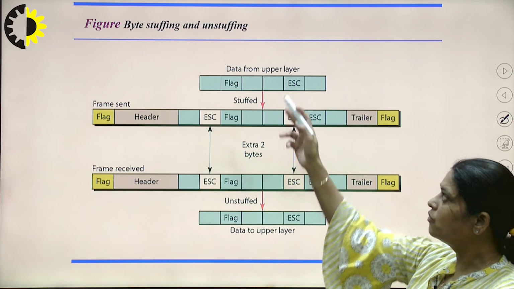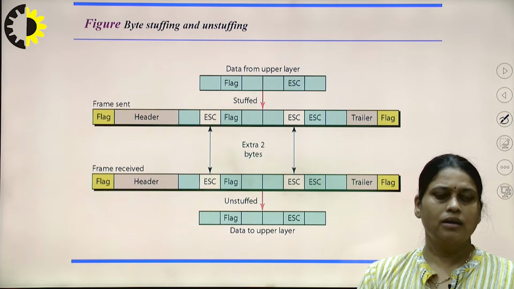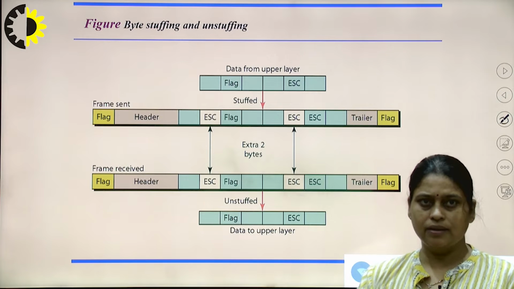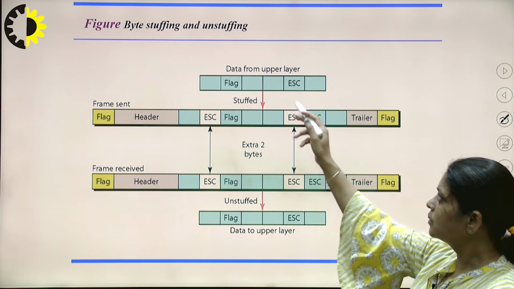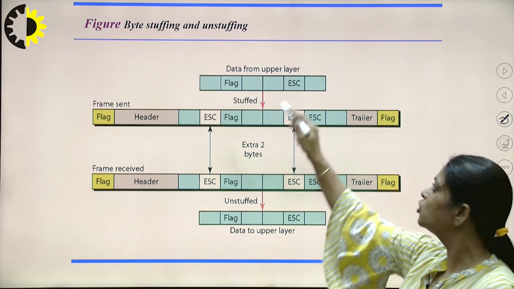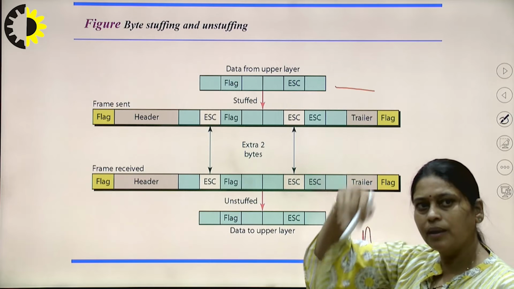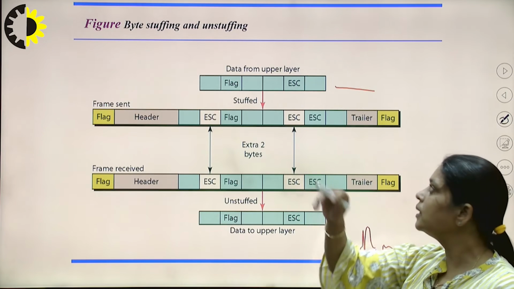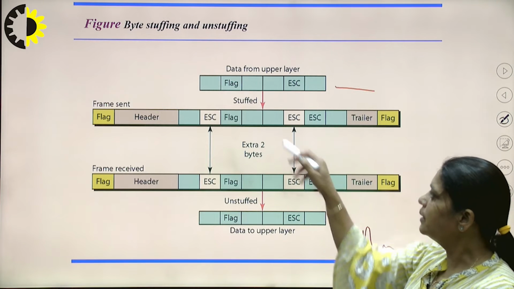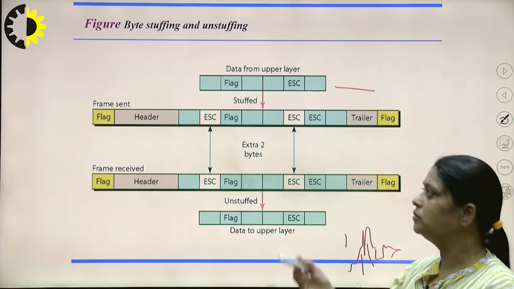When we have to convert the data into frames, there is a need of byte stuffing and unstuffing. First of all, when the data reaches the data link layer from the upper layer, that is the network layer, it will stuff that information.